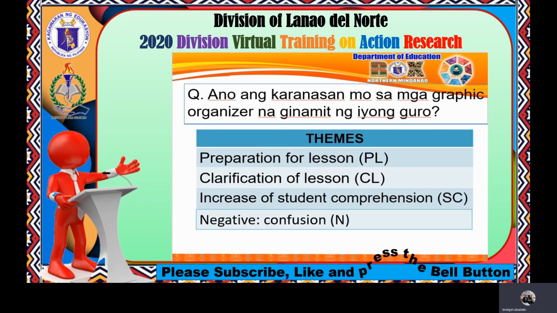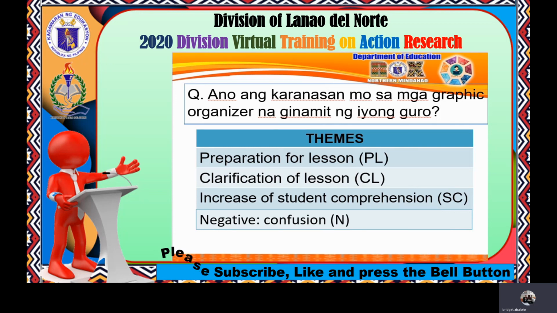How do we make a theme or a category? Going back to the question a while ago, "Ano ang karanasan mo sa mga graphic organizer na ginamit ng iyong guro sa pagtuturo?" The following are the themes that I have, for example: preparation for lesson. The code is PL.